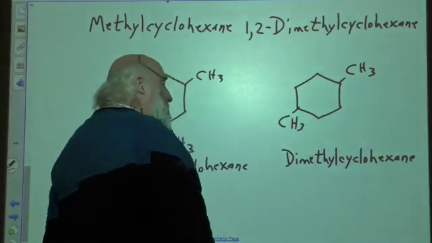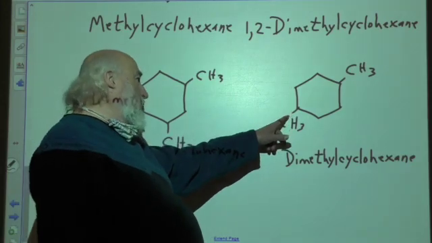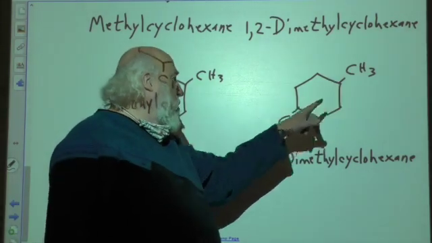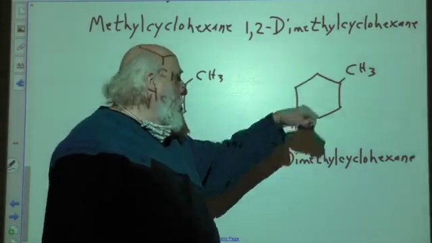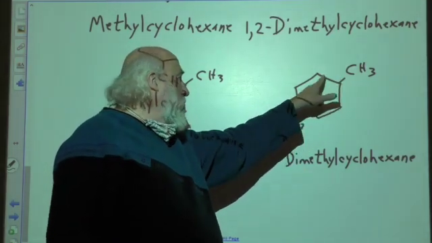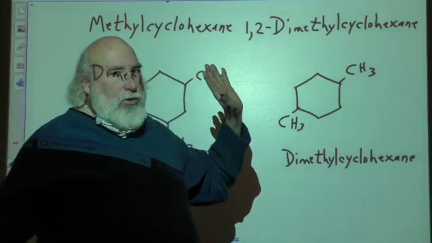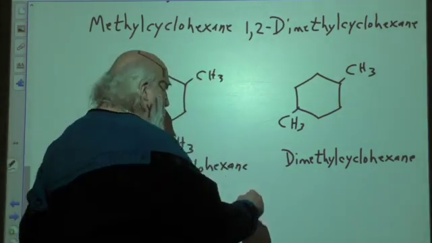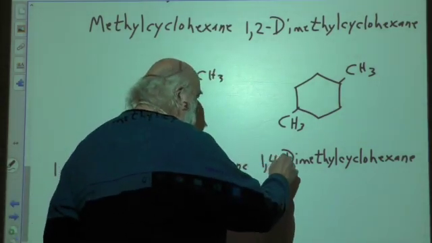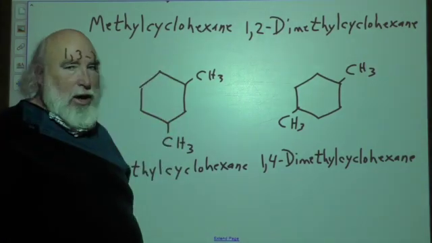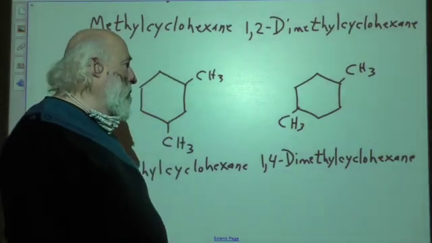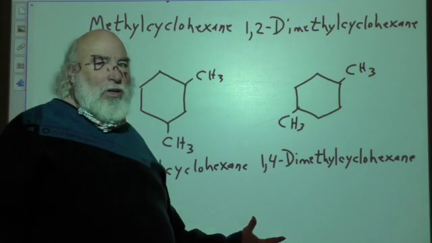But now the number system goes, say we make this 1, 1, 2, 3, 4, 1, 2, 3, 4, or we make this 1, 1, 2, 3, 4, or 1, 2, 3, 4. No matter what I do, this is going to be a combination of 1 and 4. Dimethylcyclohexene. And this is how we name these compounds.